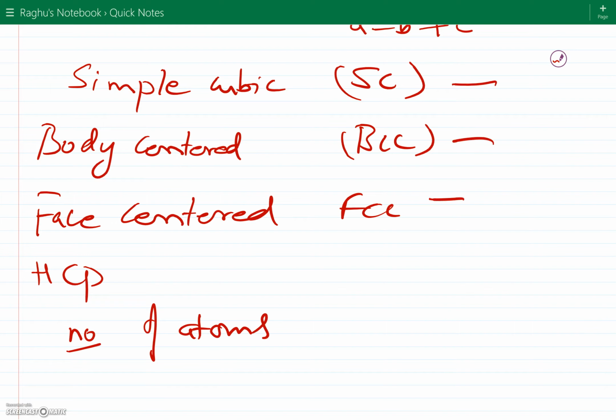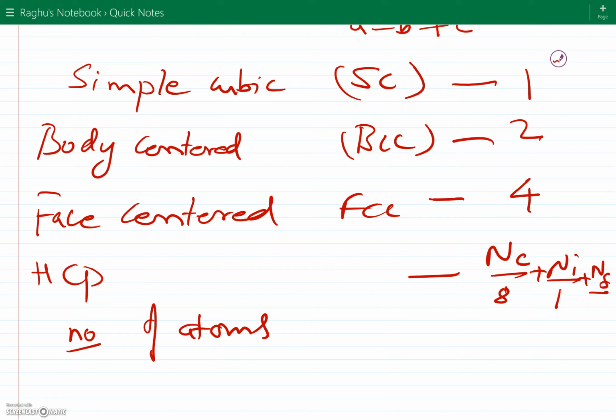You can see in simple cubic you have 1 atom, in BCC you have 2 atoms, and in FCC you have 4 atoms. I showed this using an expression where the corner atoms are divided by 8, the interior atoms divided by 1, and the face atoms divided by 2.